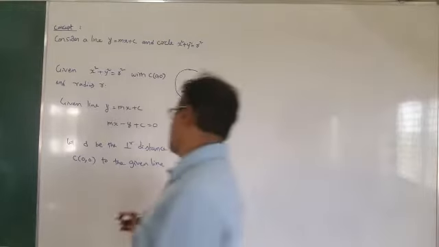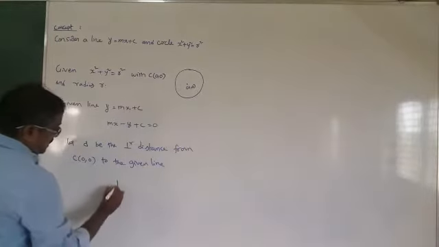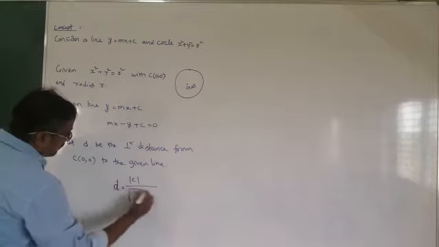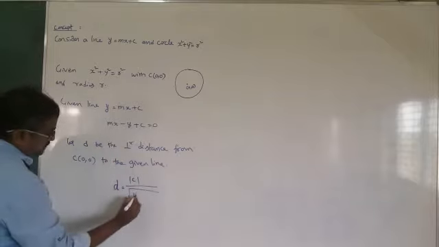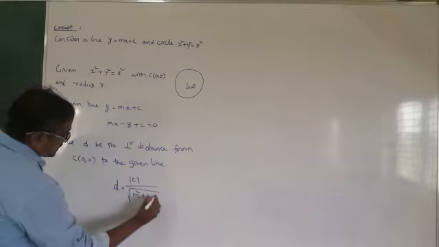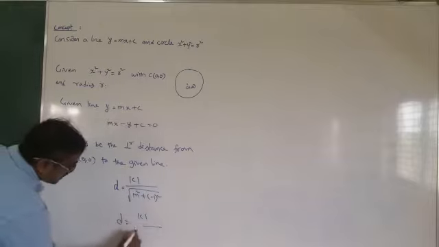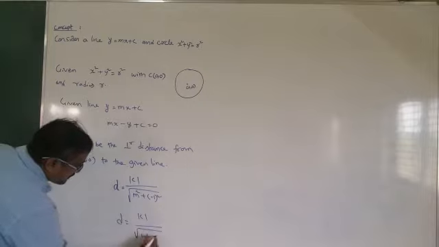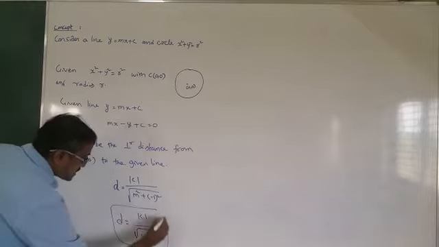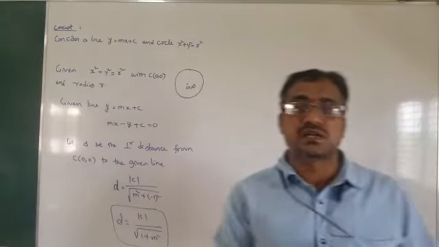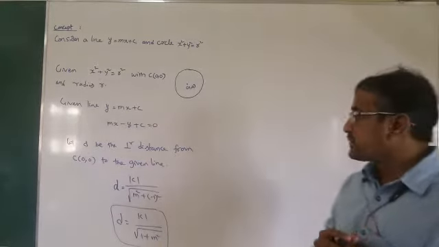So here d is equal to mod c by root of m square plus minus 1 whole square. So d is equal to mod c by root of 1 plus m square. So this is the perpendicular distance from the center to the line.